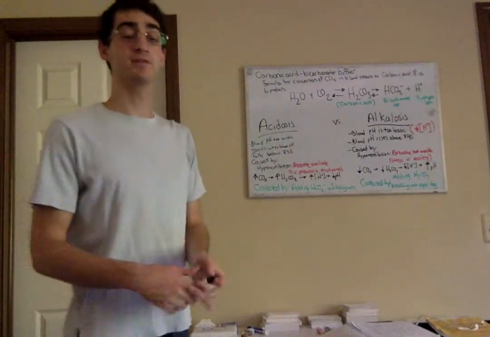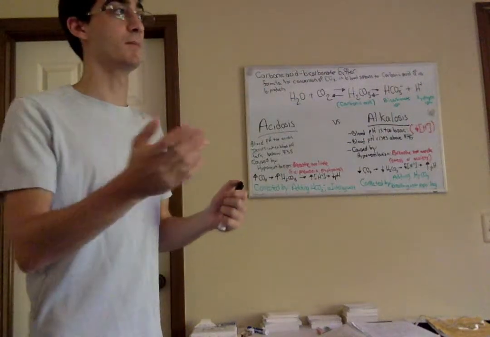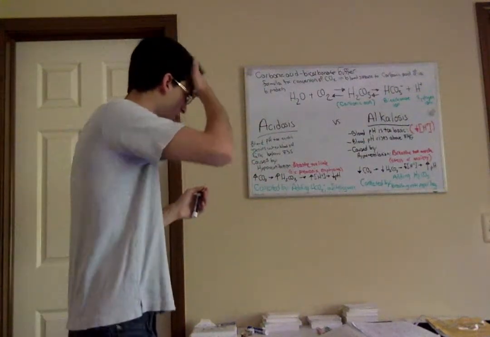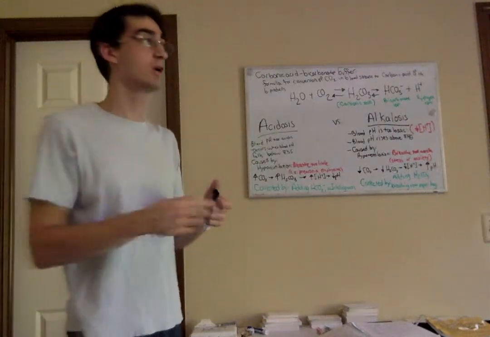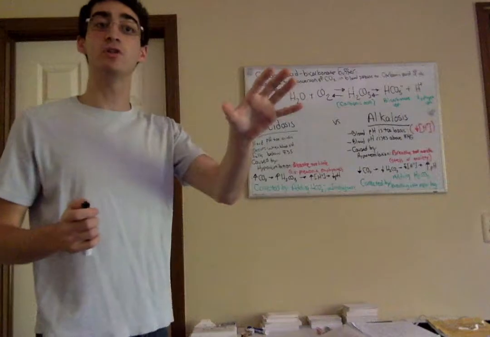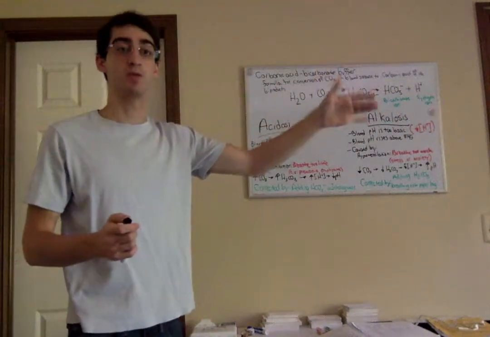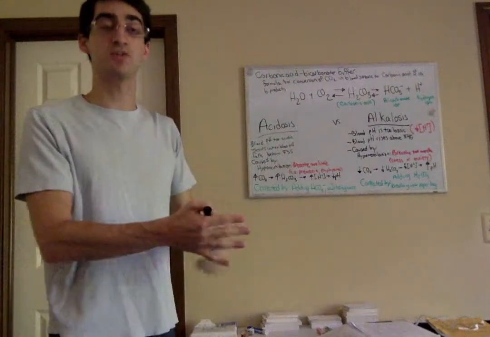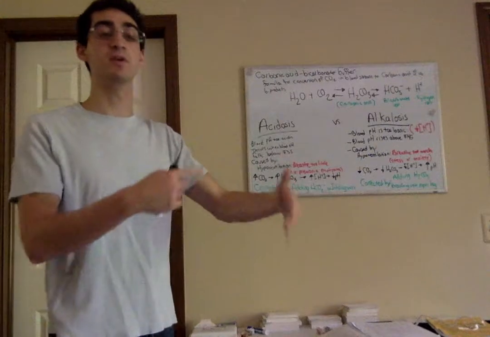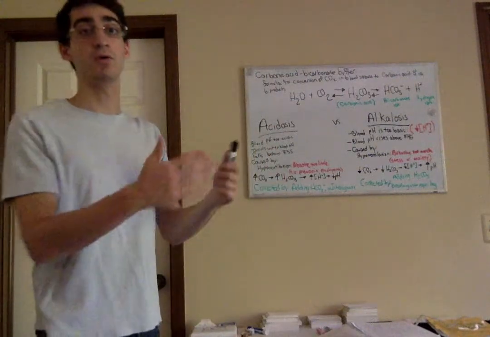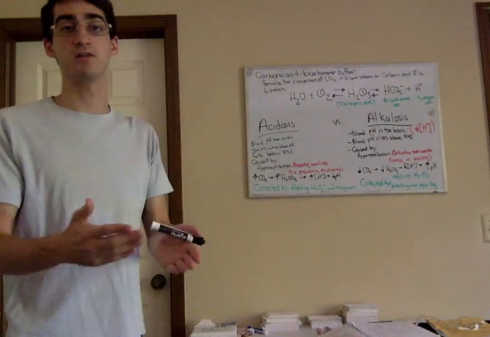Another prerequisite for you is knowing what a buffer is. A buffer acts as a stabilizer to minimize a change in the pH. So if a solution is too basic, the buffer acts by donating an H plus ion. If you don't know what an H plus ion is, please go back and look over the pH video, because I talk about the differences between an H plus ion and an OH minus ion.